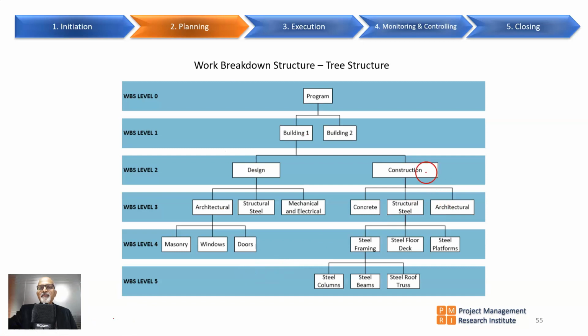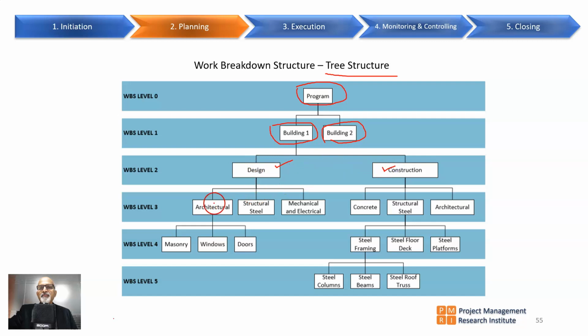Now here we have another sample WBS. A WBS can be represented either in a tree structure or in the form of a list structure, and this is the tree structure. So here level 0, in this case, is at a program level. Then at level 1, building 1 is a project and building 2 is a project, and building 1 gets expanded further into design and construction.